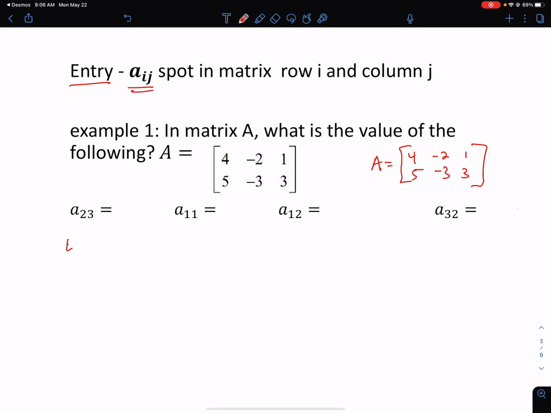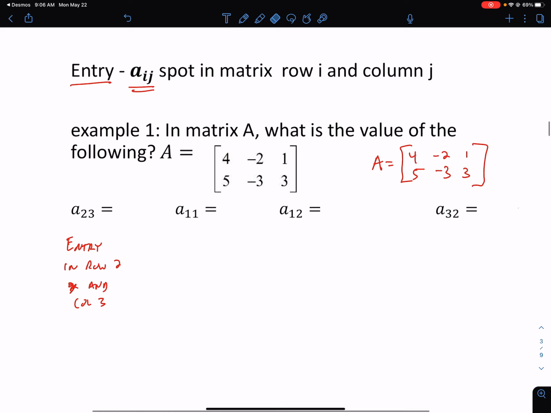That means, what's the entry in row 2 and column 3? Row 2, column 3. Right there, it's 3. See how I find that? All right, so A11 is row 1, column 1. That's 4.